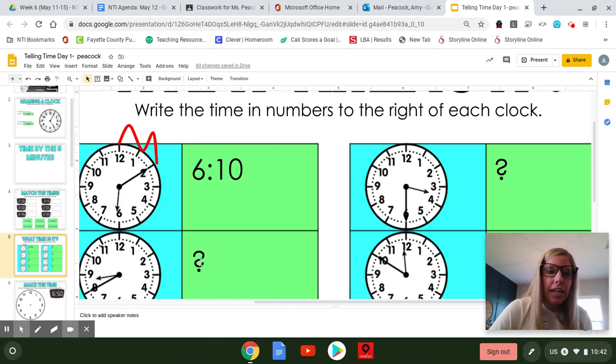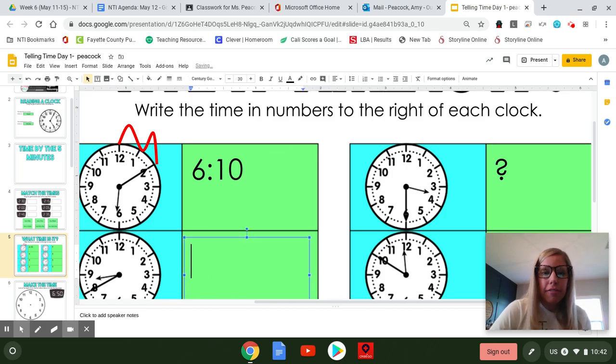And then you're going to take the little question mark and get rid of it, and type in an actual time instead. Okay, to put the little dots, there is a button on your keypad where it has the two little dots that you're going to want to put between your times. Okay, let me put the question mark back. There we go. And then I'm going to zoom back out so we can see the rest of this.